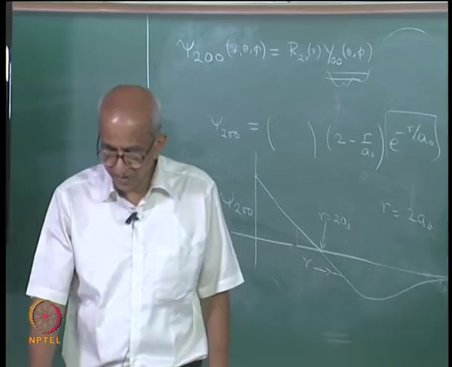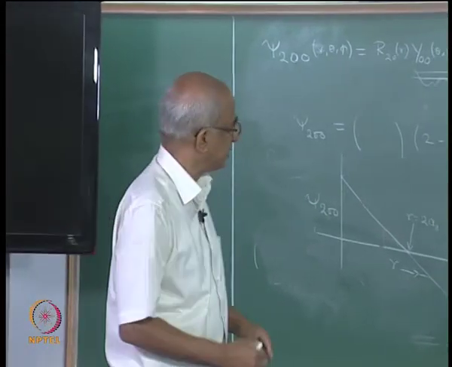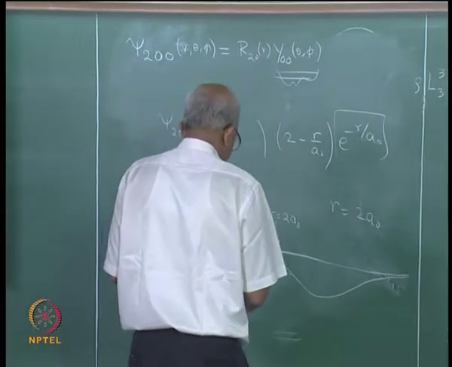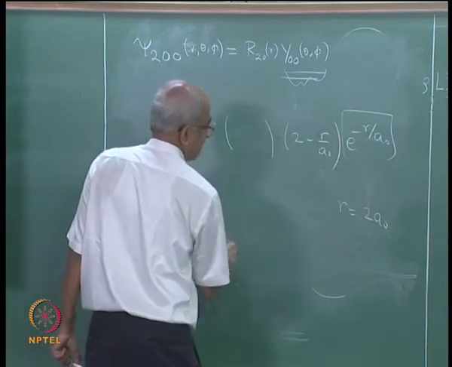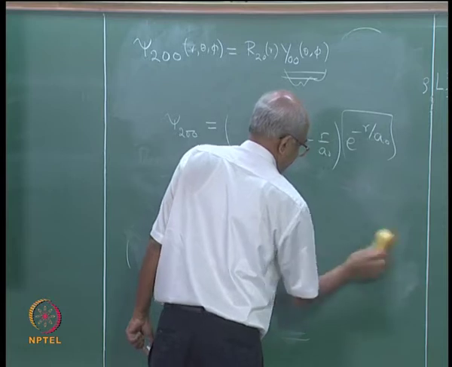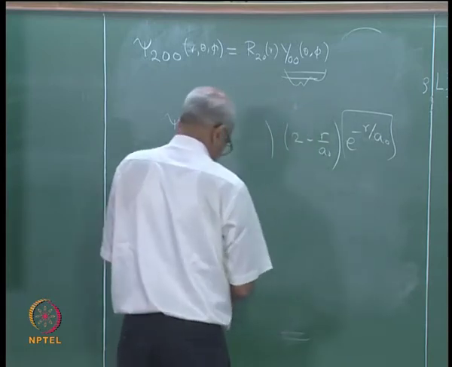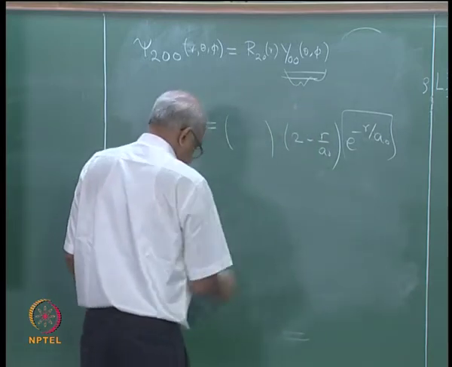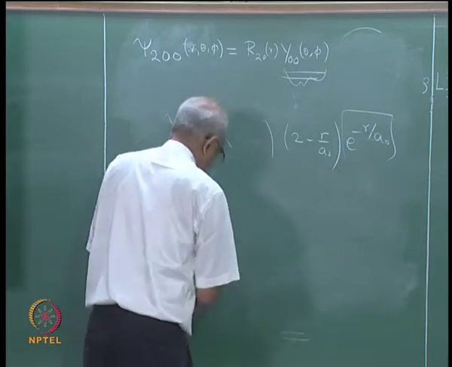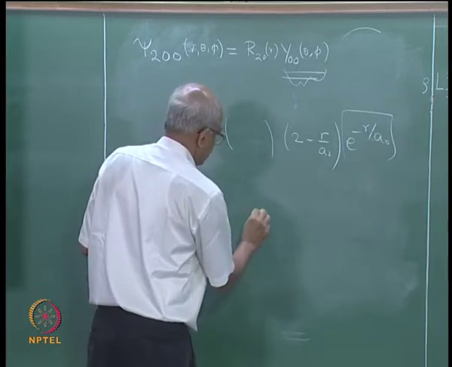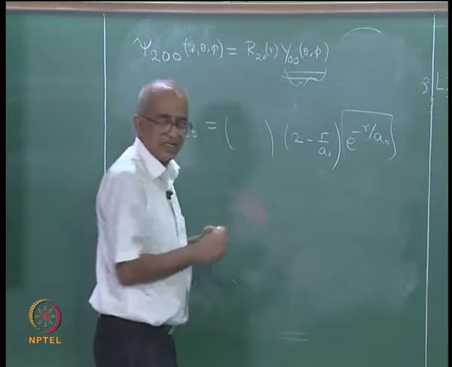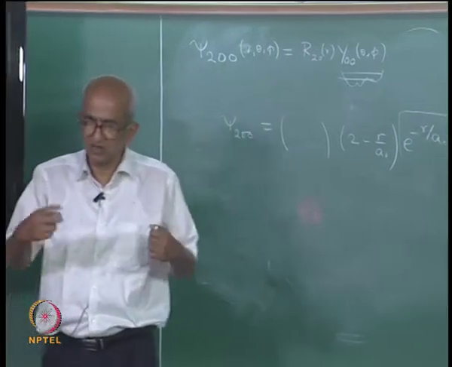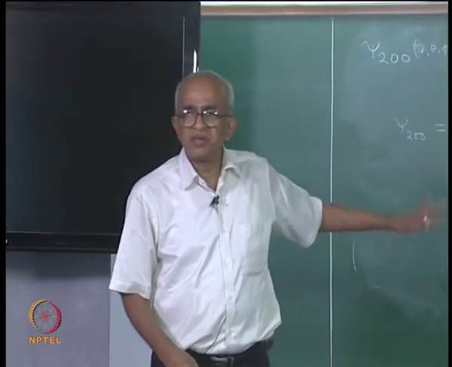If I wanted to represent this wave function by shading, how will I represent the function? Let me say here is the nucleus, and this is where the function is positive. Positive region I will indicate with this color instead of putting plus and minus. I will also put plus and minus, but let me put this color.